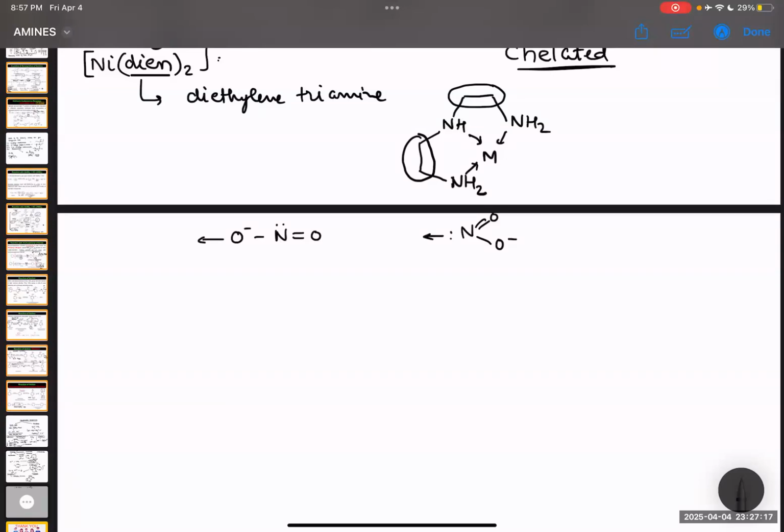Ambidentate ligands are monodentate only. They give one lone pair. They are not bidentate or didentate. But they can give one lone pair in more than one way. For example, NO2. NO2 can give its lone pair from oxygen. It is known as nitrito O. And this is nitrito N. Got it?